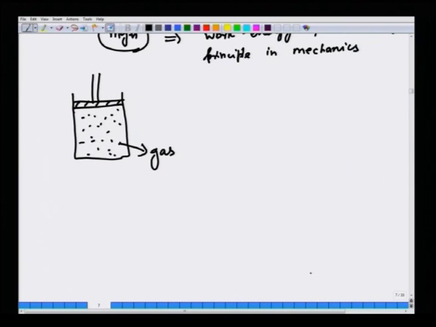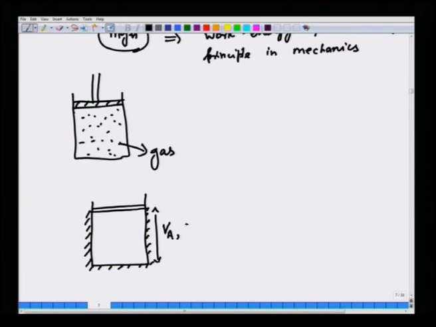Now, let us imagine that initially the gas is at a given volume, which is denoted by V1 or VA, let us call it VA, and the temperature is constant, or let us even insulate thermally this piston cylinder assembly, and it has a temperature TA.